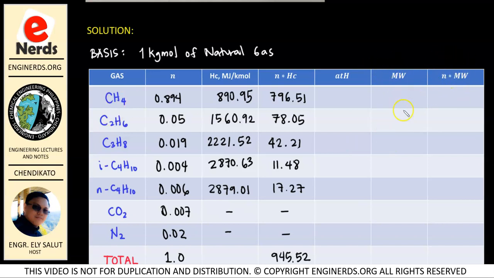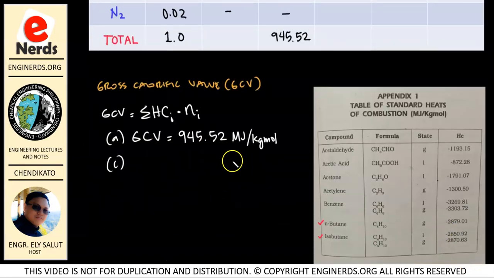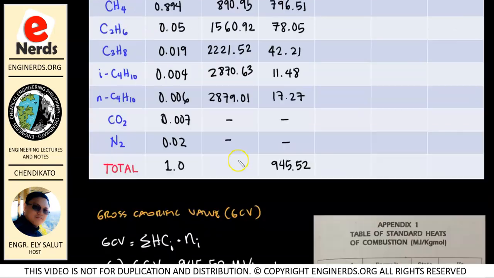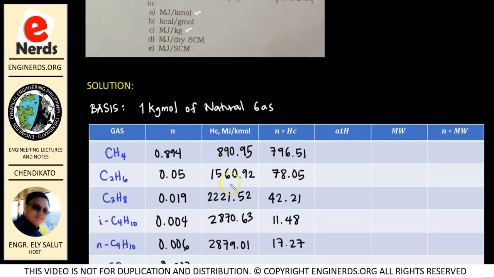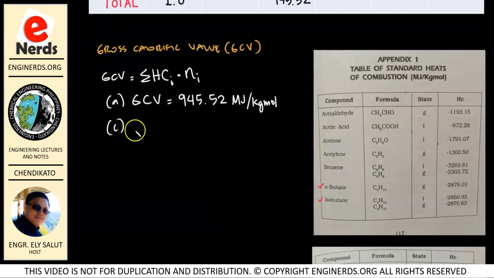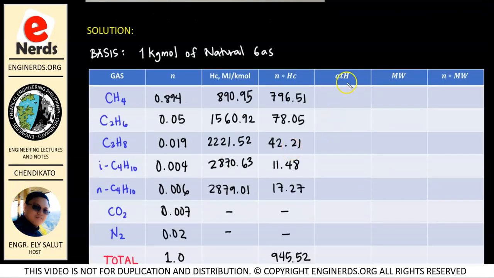And then, if you multiply that sa kanilang mole fraction and adding everything, you will get the molecular weight ng ating natural gas. So, kapag nakuha na natin yon, we can divide to our molecular weight para makuha natin yung unit natin dito, which is megajoule per kilogram. So, sasagutan natin yan mamaya. Kasi dadaanan natin yan when we are solving for the net calorific value.